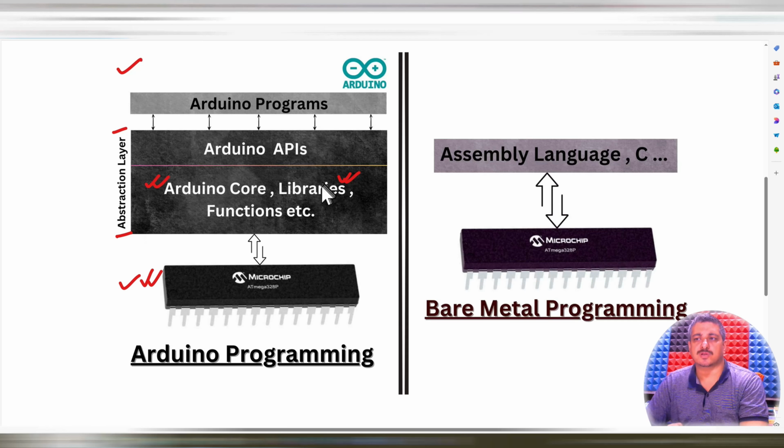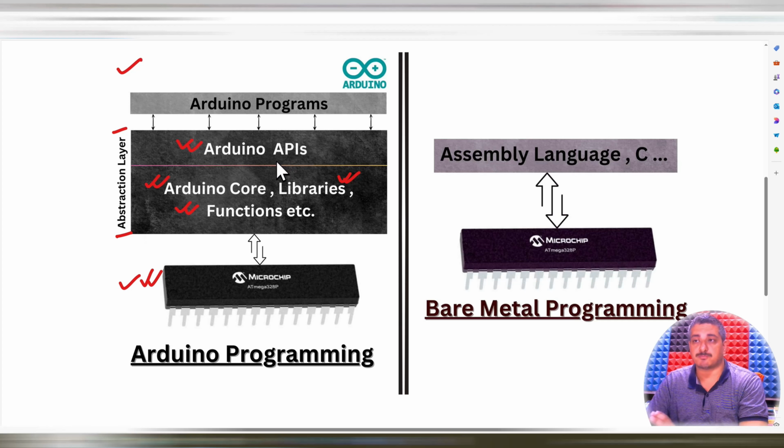These Arduino core libraries, they are written in terms of many different types of functions. And when finally they have written all these details, then it is ready to go and they come up with this Arduino APIs. There are many different types of APIs.